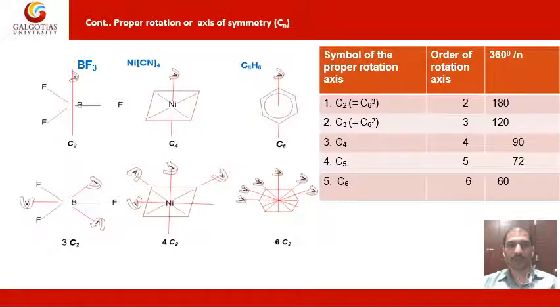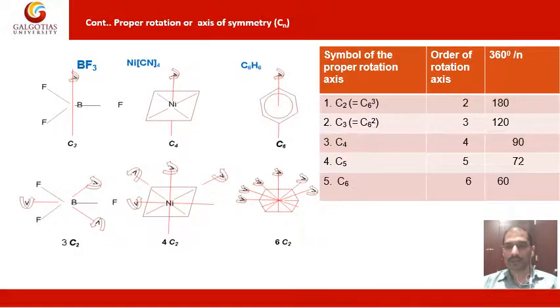In case of BF3 you can see a C3 axis of symmetry, because the rotation with respect to this central atom will be 120 degrees. And in case of nickel tetracyanide, you can say a C4 symmetry operation is there. Similarly in case of benzene you will find a C6 symmetry operation, which means a 60-degree rotation of the actual position of the atoms.